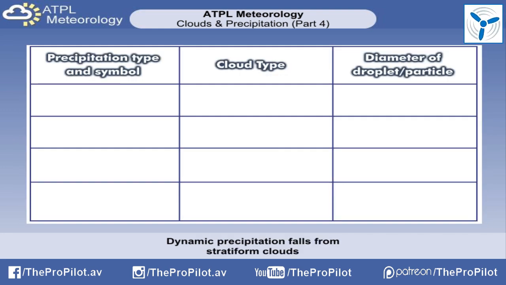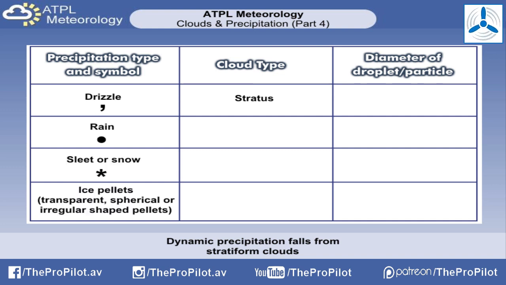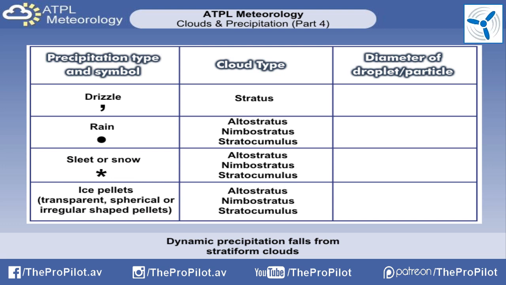Here are the types of dynamic precipitation and the clouds we expect them to fall from. Drizzle falls from stratus cloud. Rain, sleet, snow and ice pellets are all mainly produced from altostratus or nimbostratus clouds and occasionally thick stratocumulus.